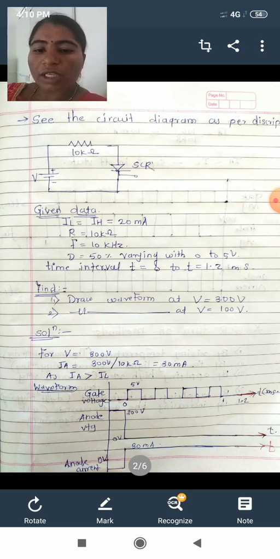So IA is equal to V upon R, that is 300 volt upon 10 kilo ohm, and the anode current is 30 milliampere.